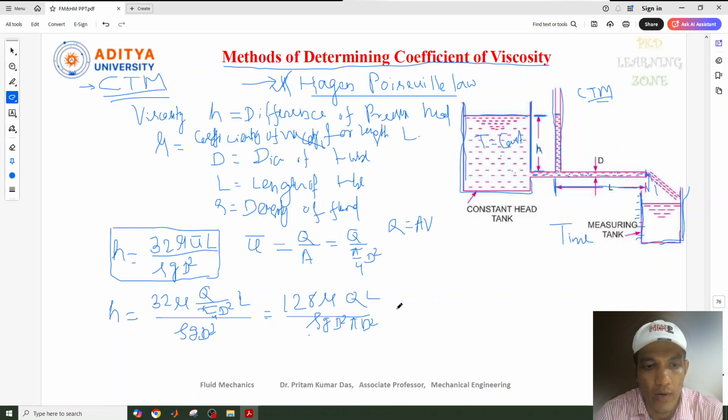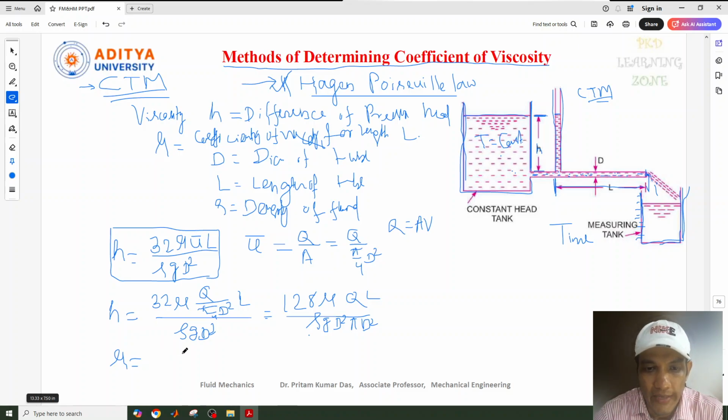But ultimately what is our goal? We need to find the mu value. So let's keep the mu term on one side and take the remaining terms to the other side.